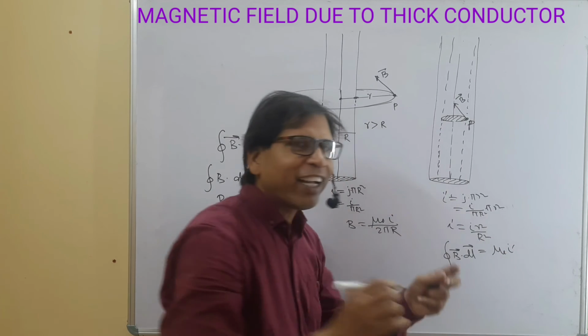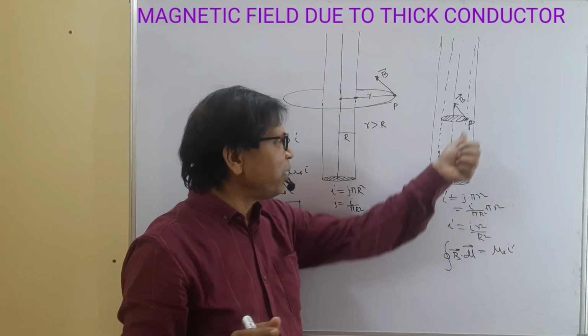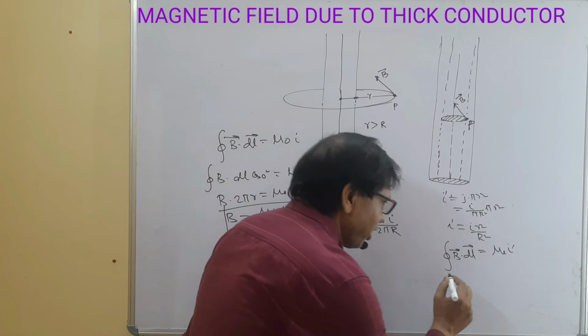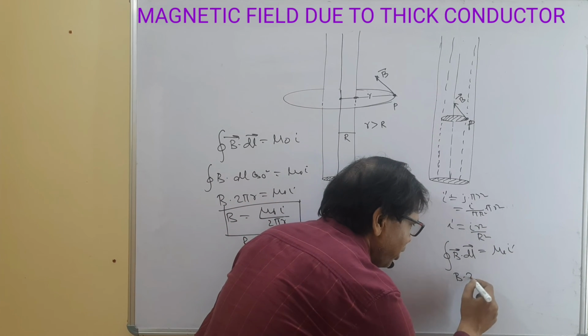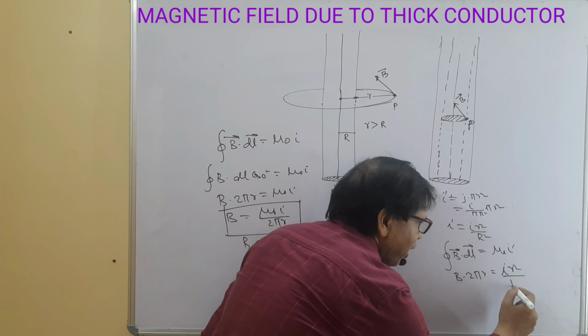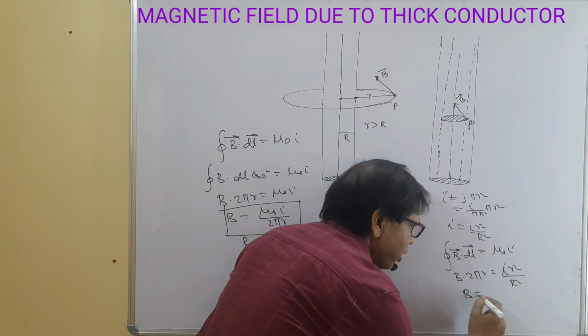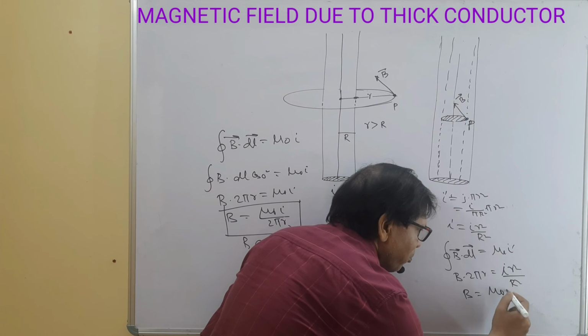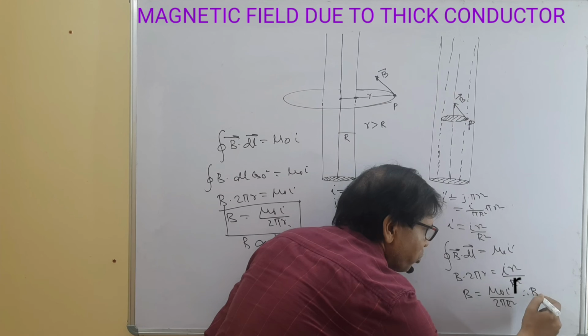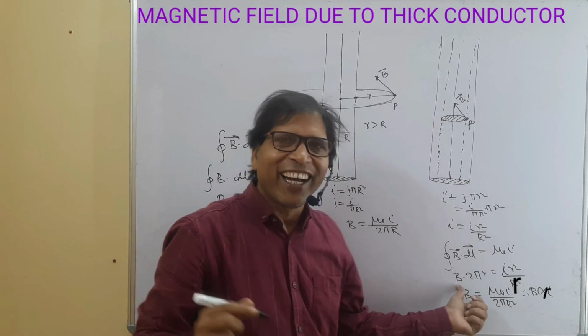Because here the current enclosed by the loop is I dash, which is I small r square by capital R square. So here B into 2 pi r equals mu naught I r square by R square. So B is mu naught I r by 2 pi R square. Therefore here B is proportional to r.